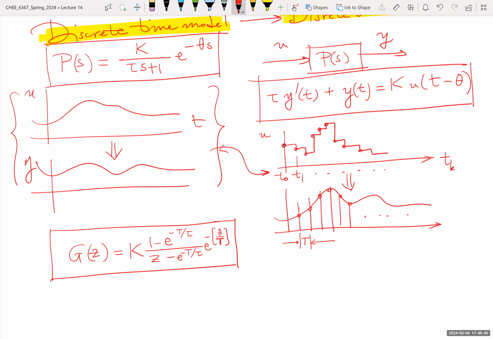And this tells me that there is a corresponding equation here, which is now discrete in time.